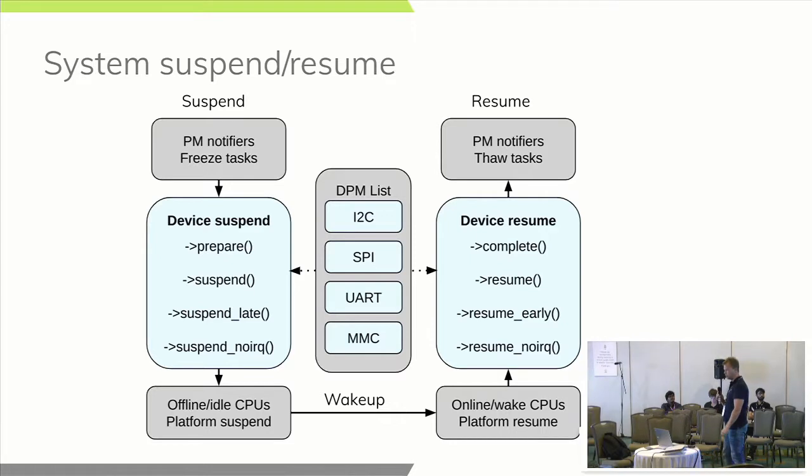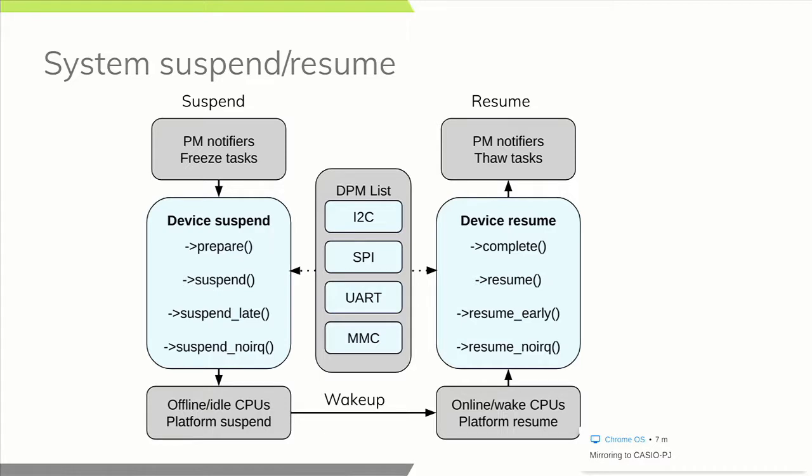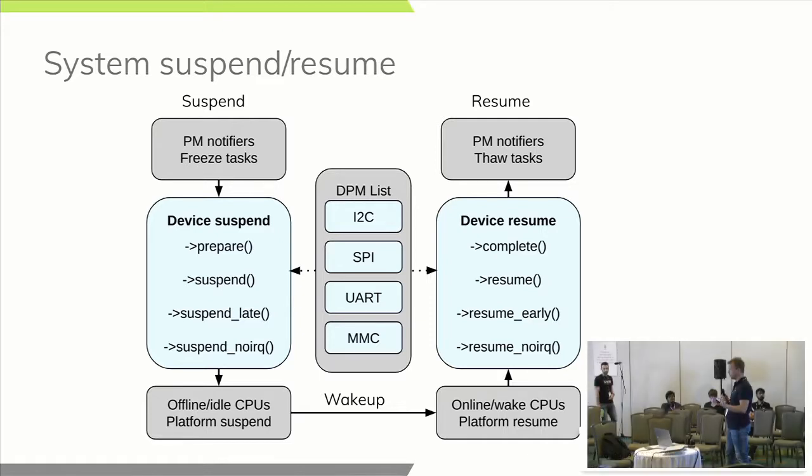So, some more details about how the sequence happens. We have something that we call the PM core, which takes care of all this. It all starts with someone requesting the system to go to this low power state, and then a couple of system common activities happen. There are some notifiers that we fire, and we freeze tasks and user space, and then we go into this device power management part that I'm going to explain a bit more.